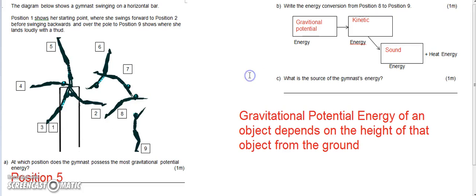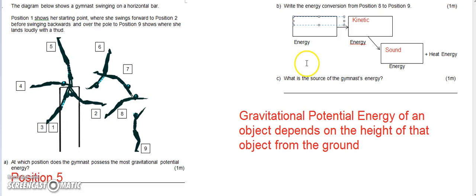But seriously, if you were to think about it, when she's at position 8, she's not just hanging there without falling. Actually, she is already falling. So my answer would be that it's not just gravitational potential energy, it is both potential plus kinetic energy.